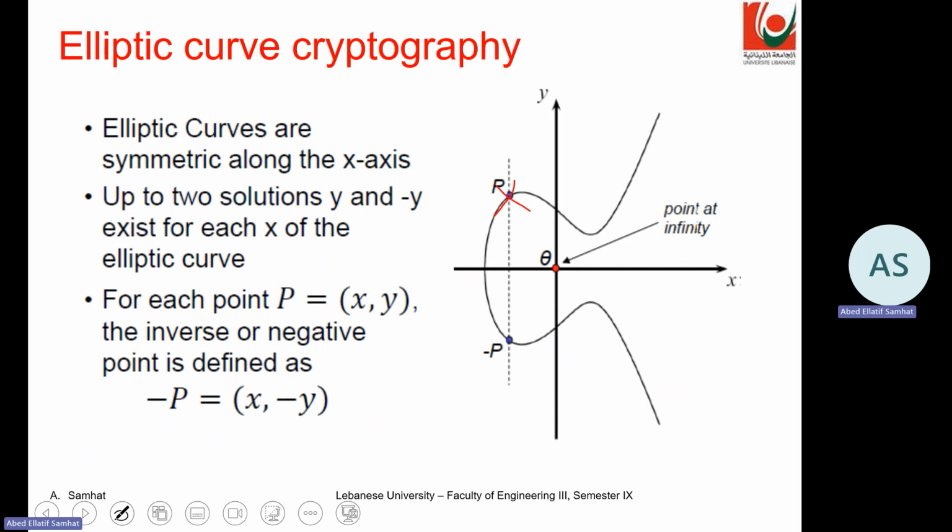All points are symmetric over the x-axis. So if P is the point (x, y), minus P is (x, minus y), because all points are symmetric over the x-axis.